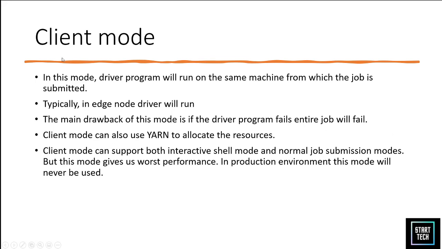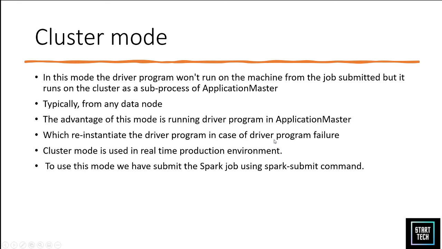As we already saw with YARN client mode, YARN resource allocation is possible, but the performance is very low and worse. So in a production environment, this is not used, and we can pass this deploy mode in the Spark submit command.